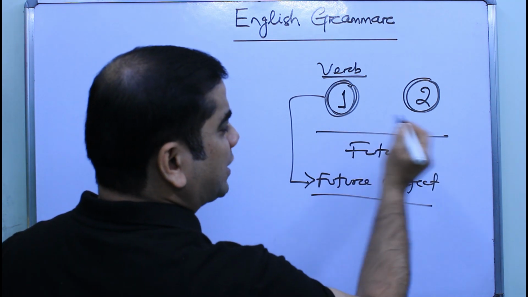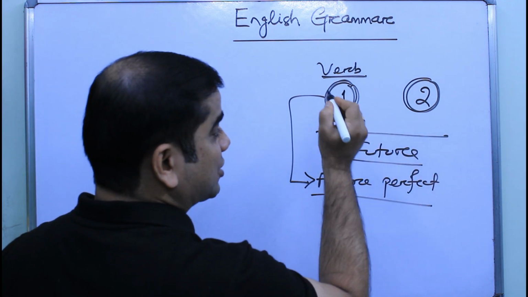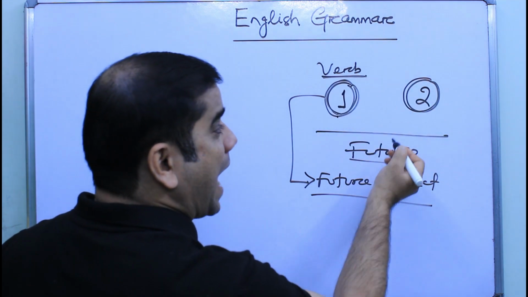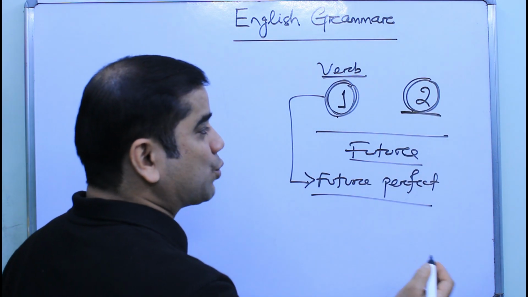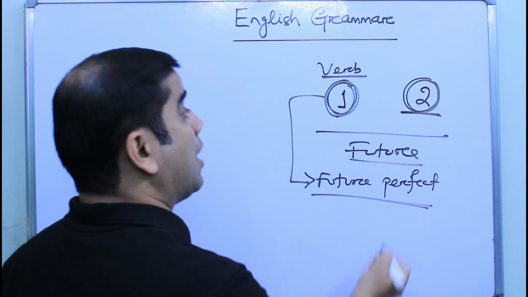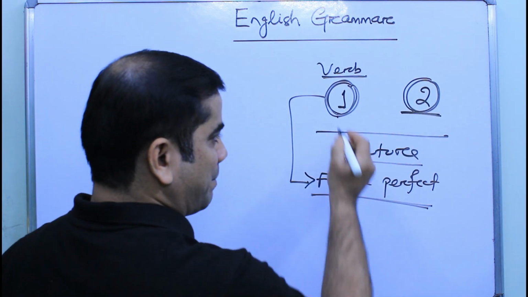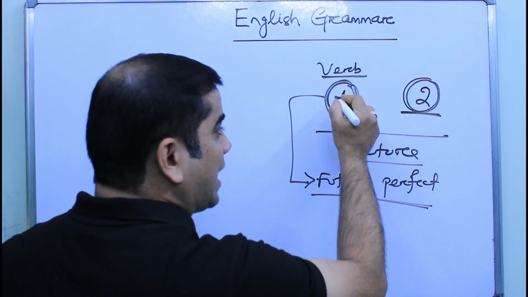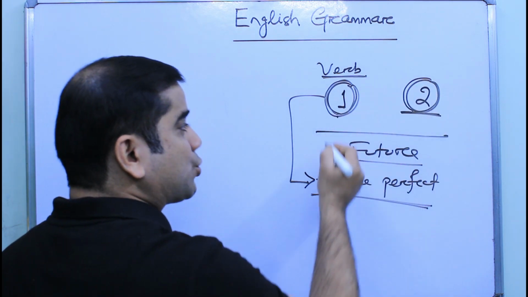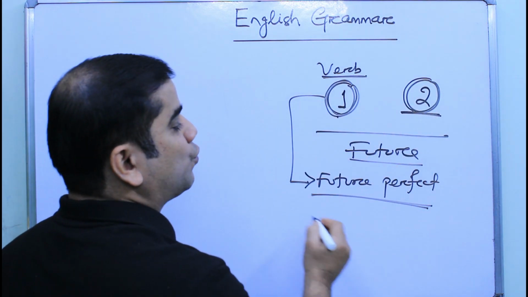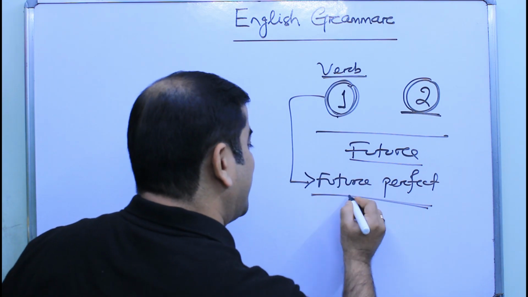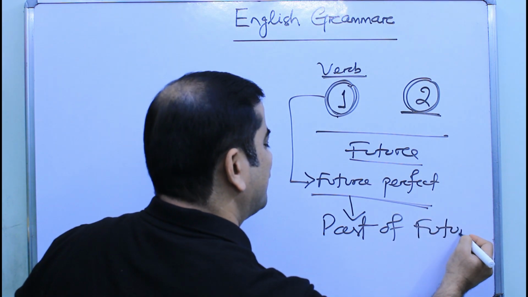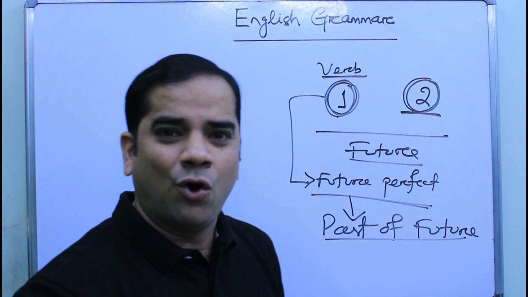See, both are in future, but action 1 happens before action 2. That's why it is the past action of action 2, and that's why we call future perfect the past of future. Here both are in future tense, but action 1 happens before action 2, so action 1 is the past of action 2. So it is nothing but past of future. Hope you understand.